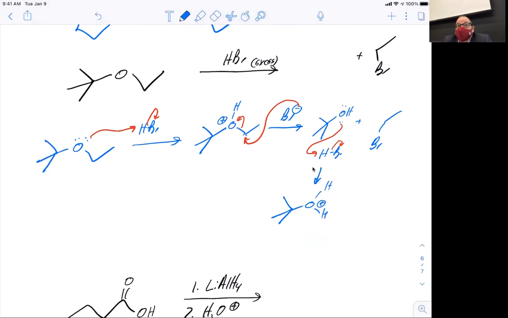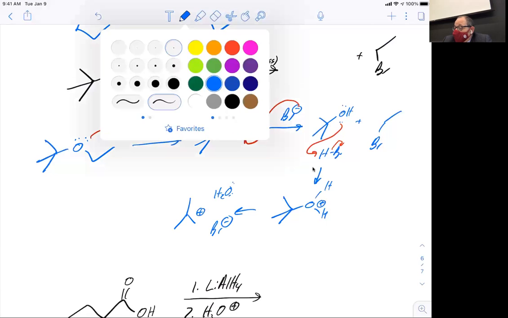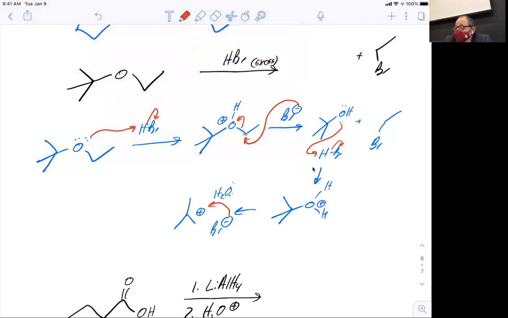Now, in this case, it's not likely going to do an SN1 type process. So what we'll end up is forming the carbocation. And then the bromide will come in and react with that carbocation. So if it's tertiary, I'm not going to get a very quick SN2 reaction, so we'll do an SN1. So if I use excess, I'm going to end up brominating both sides of that ether.